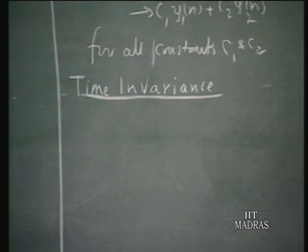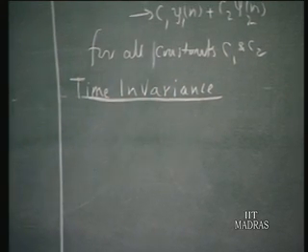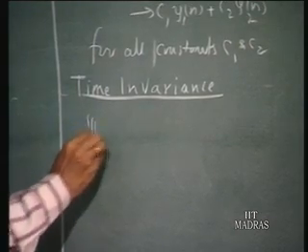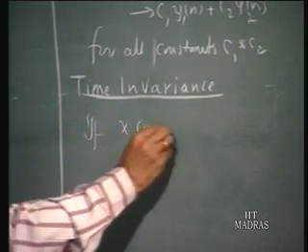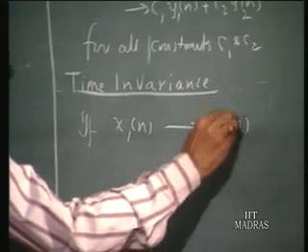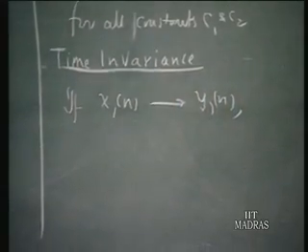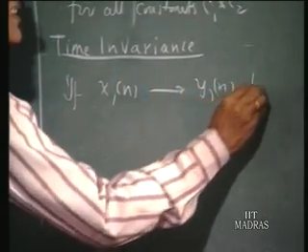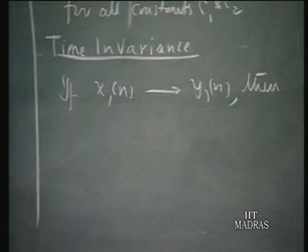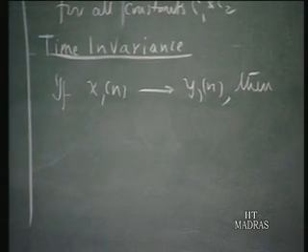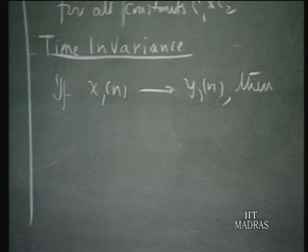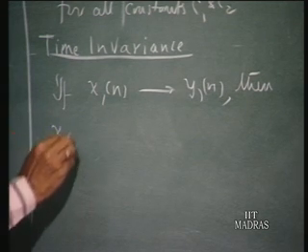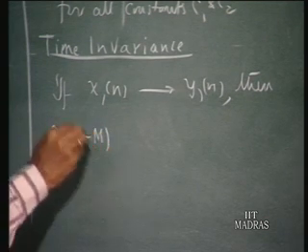What is the connotation of time invariance as far as this system is concerned? If x1 of n produces an output y1 of n, then if the system is time invariant, if you delay this x1 of n or shift it by a certain amount of time, in the case of continuous time we said tau, but in this case we have to delay it by an integral number of sampling instants. Therefore, you can say then x1 of n minus m, where m is an integer again.